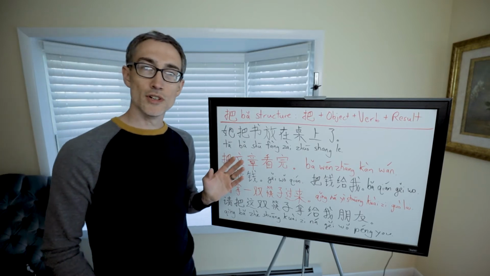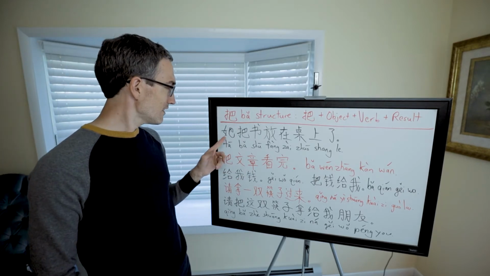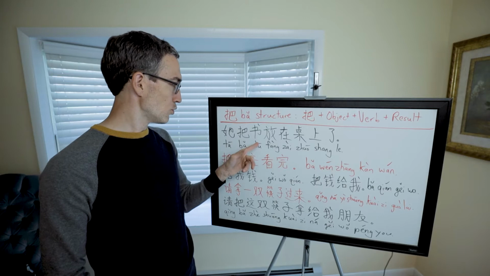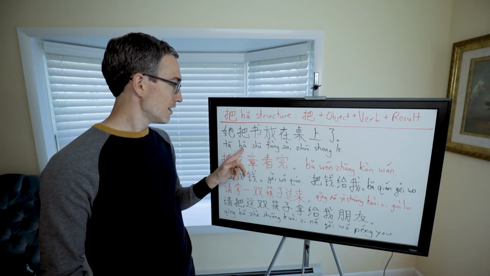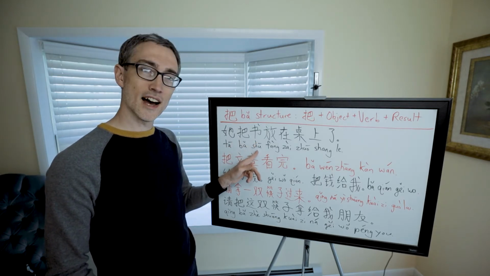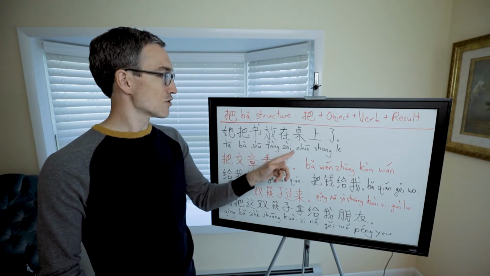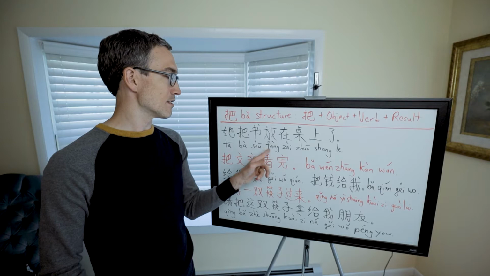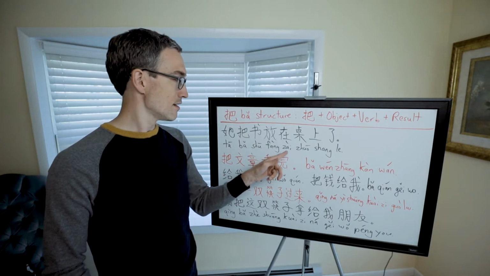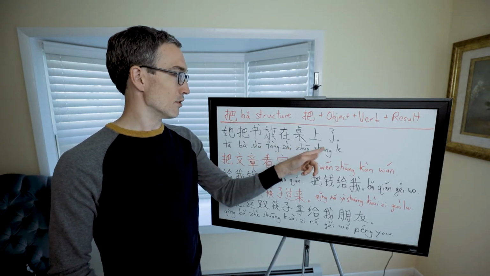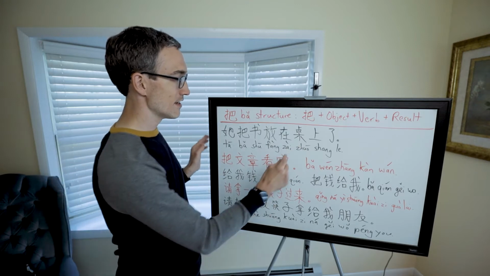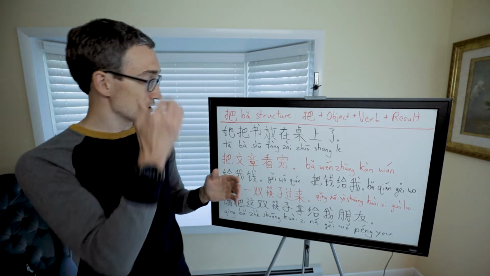Okay, let me give you some examples. 他, she, 把书. So here, ba marks that the next thing is an object. 书 is an object, it means book. 放在桌上了. 放在 means to place on the table. This phrase, 在桌上, you should remember from location phrases.